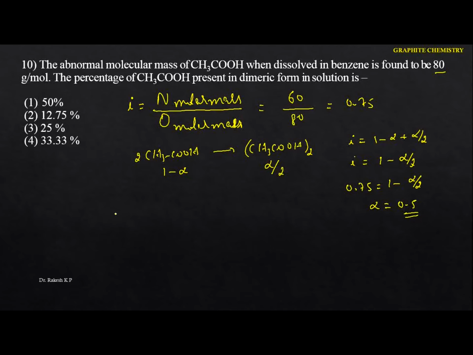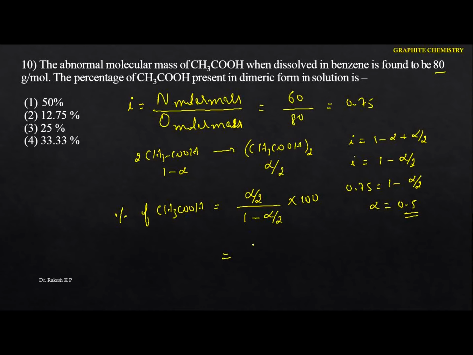But what we have to calculate is the percentage of acetic acid present in the dimer. So in the dimer, I can write alpha by 2, divided by the total, that is 1 minus alpha by 2, into 100.